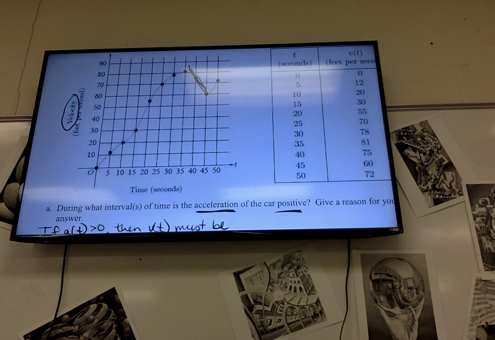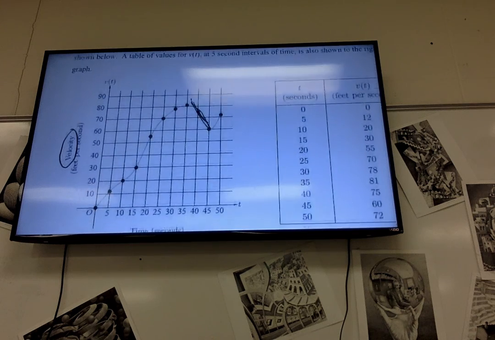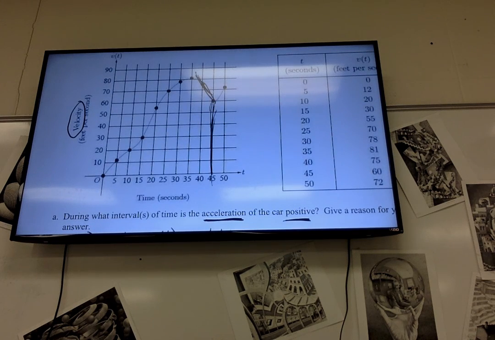That looks like it's really the only place. That's where it's decreasing. Everywhere else it's increasing. So that must occur then on 0 to 35, and right here should be 45 to 50.